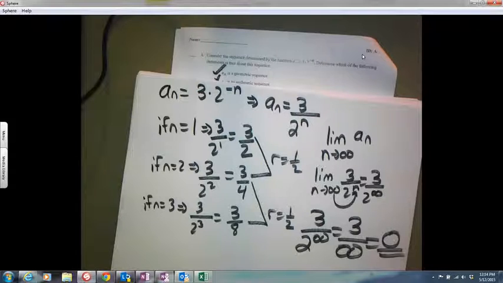Alright, number 5 was A. Let's walk through that now. So we got limit as x goes to 5 of x squared minus 6x plus 5 all divided by 5 minus x.